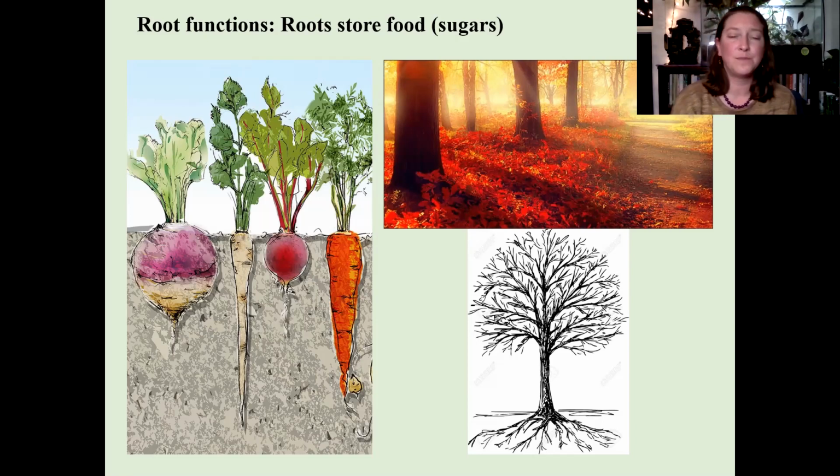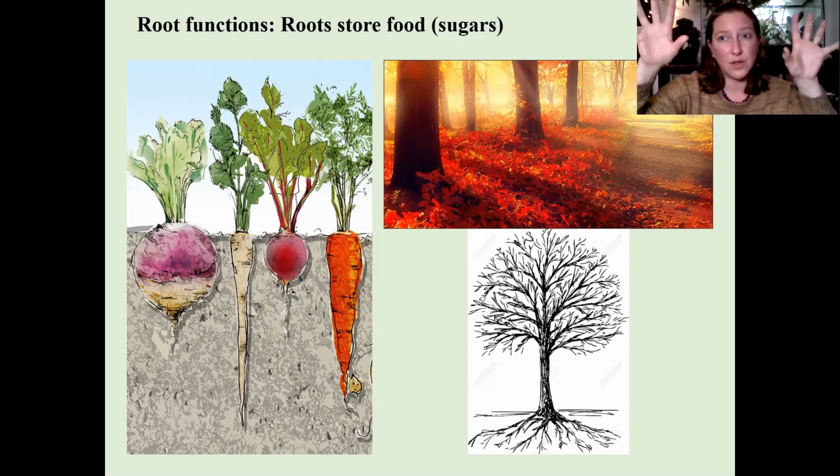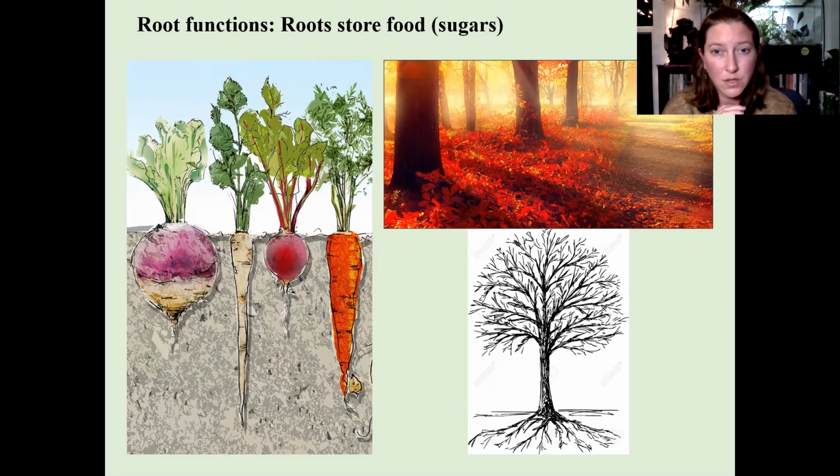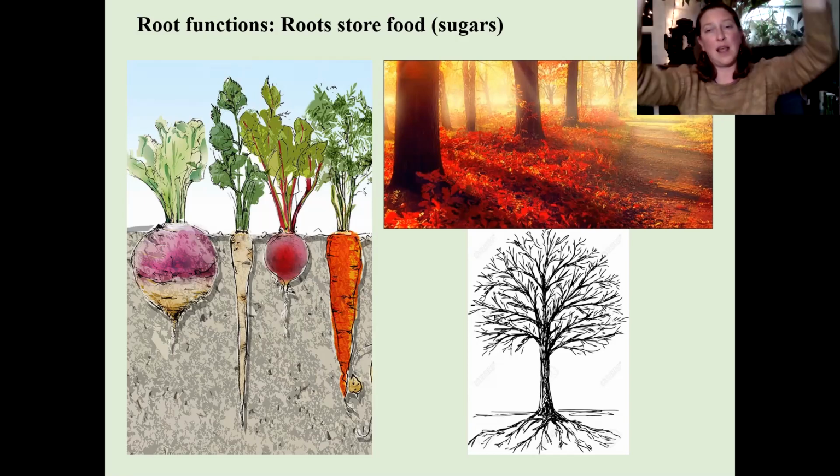Well, in the fall, when the leaves are starting to go away, the sugars they've made over the course of the year get stored in the roots. And then when winter's over, the sugars from the roots go back up into the plant and allow new leaves to grow.